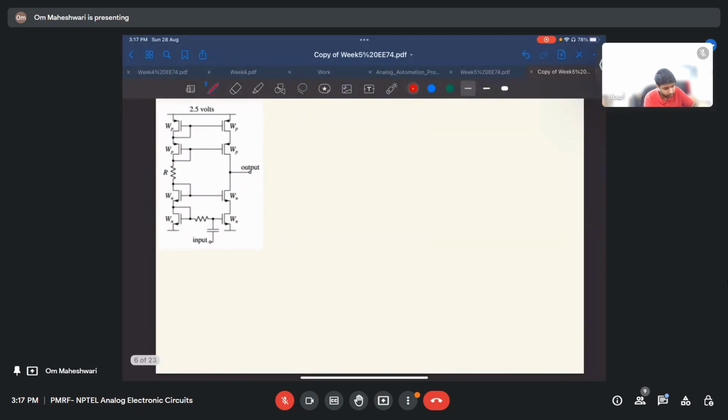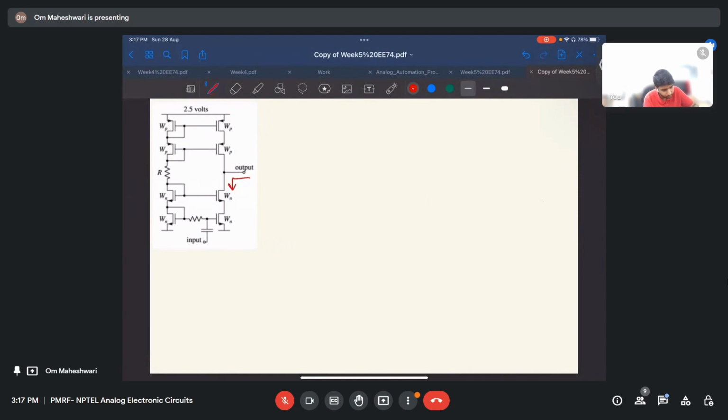The output will see impedance from here and from here. But since our circuits are equivalent top and bottom, I'll just calculate it for the bottom part, and then we can just consider an equivalent impedance here.